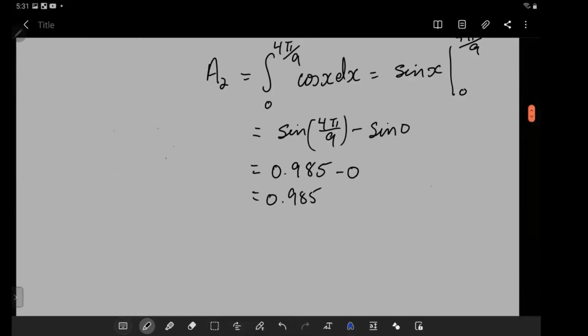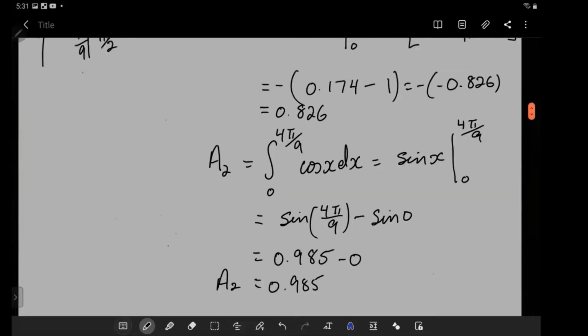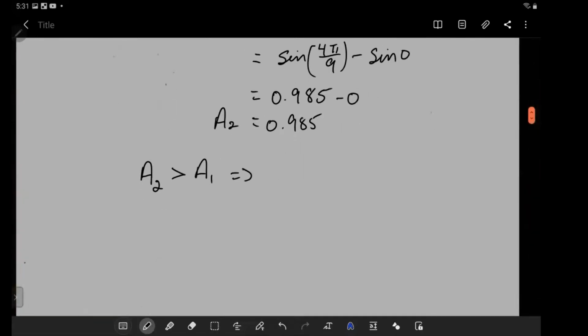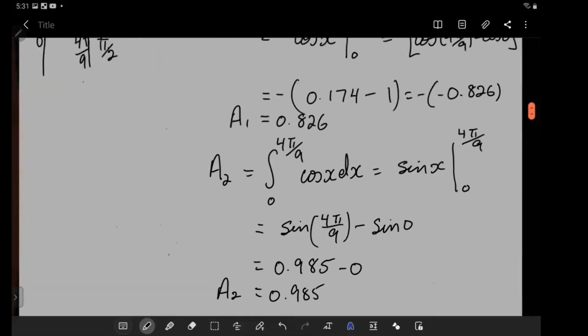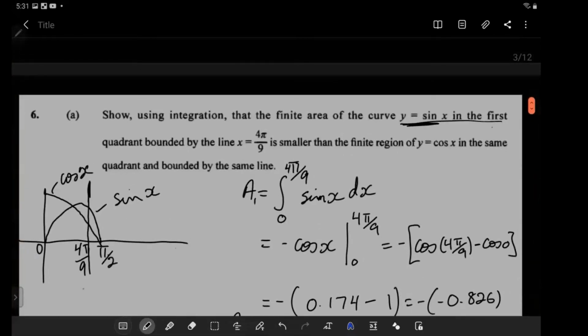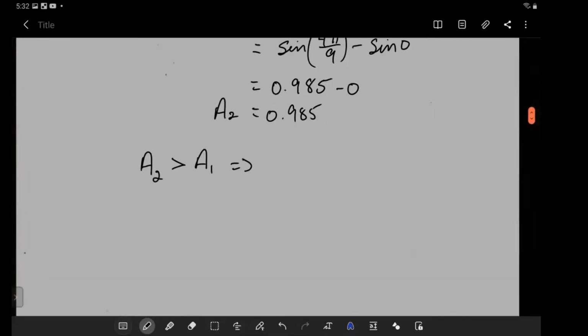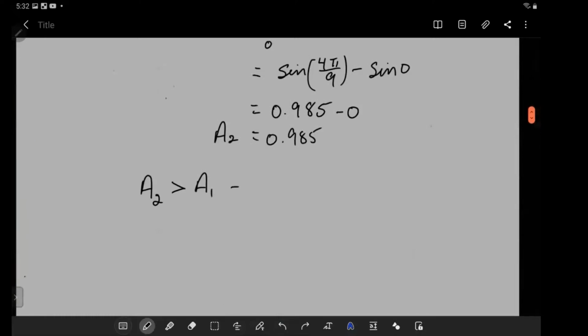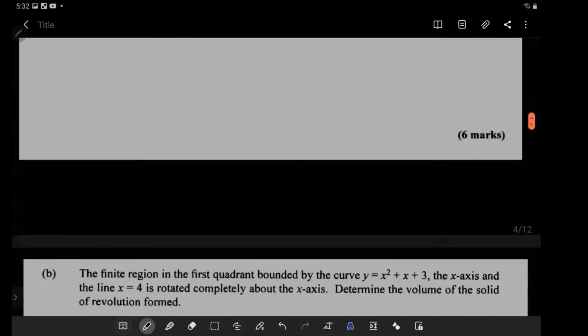So we can clearly see that A2, so this is A2, this is A1, A2 is clearly larger than A1, which implies that the area bounded by the curve of sin x and cosine x is larger, right? So we could say hence proven, hence proven by, of course, integration.